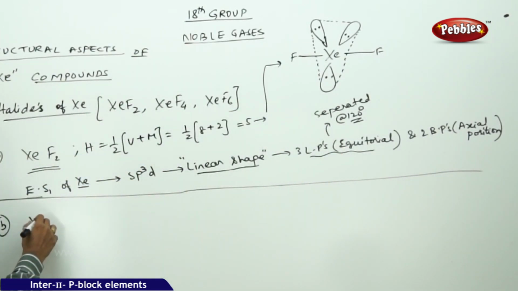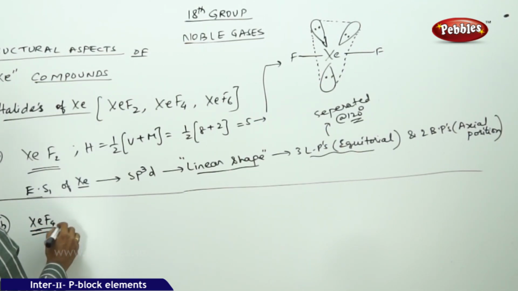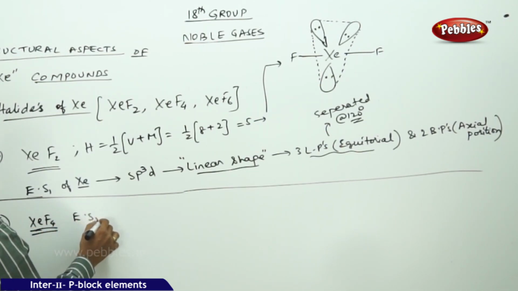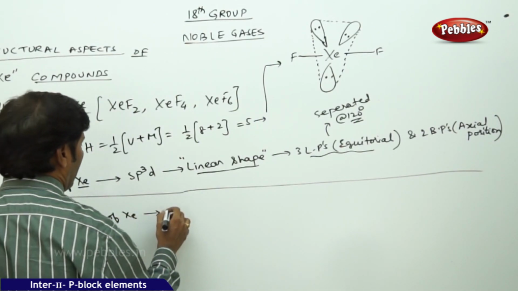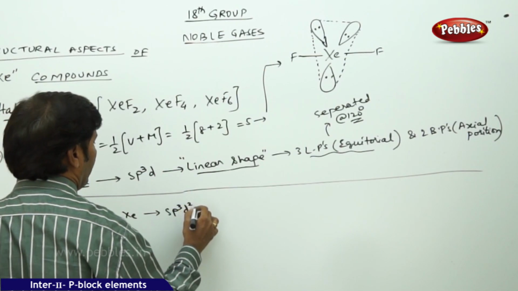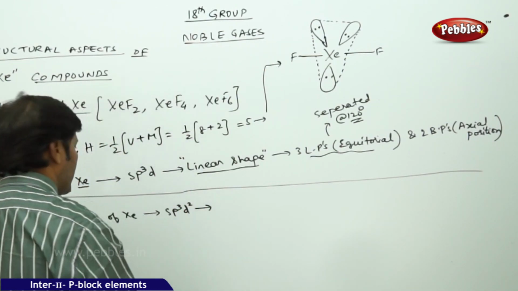In XeF4, in the excited state 2 of xenon, it undergoes sp3d2 hybridization, but here only 4 adjacent atoms are there.